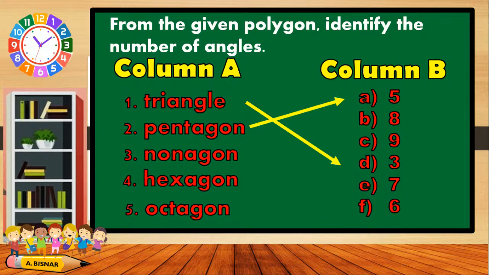The correct answer is letter C. It has 9 sides, therefore it has 9 angles and 9 vertices. How about with number 4? Number 4.